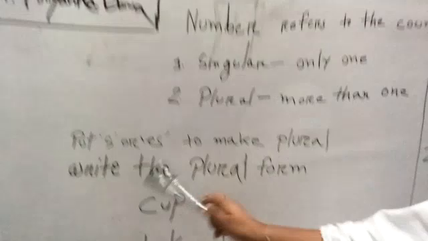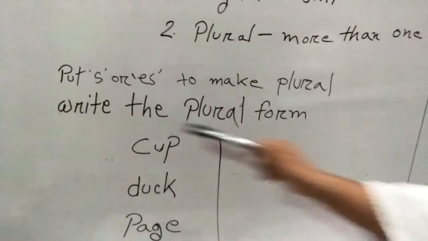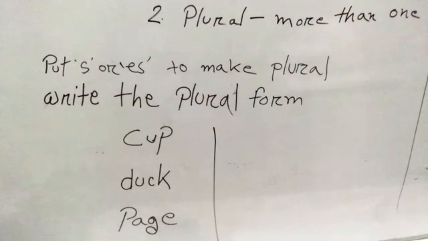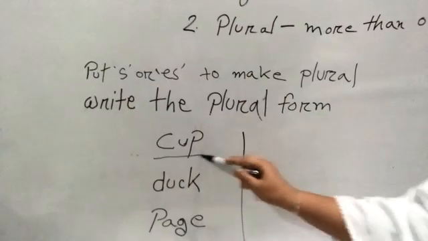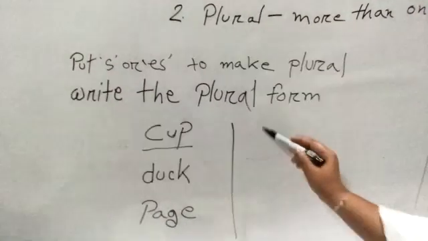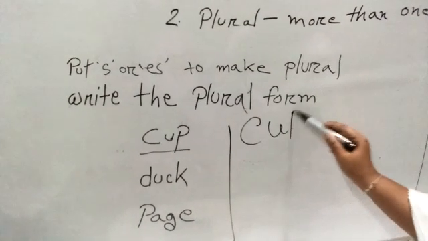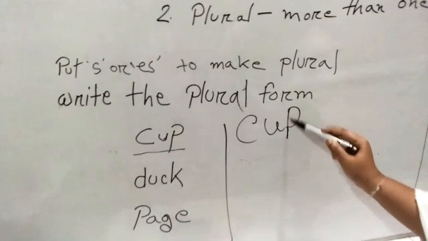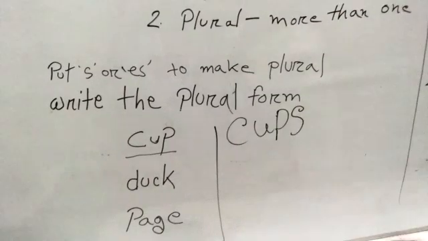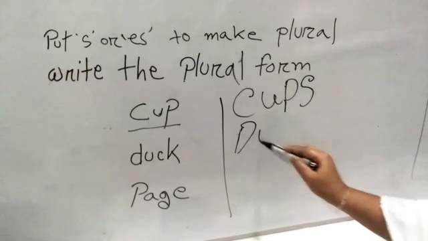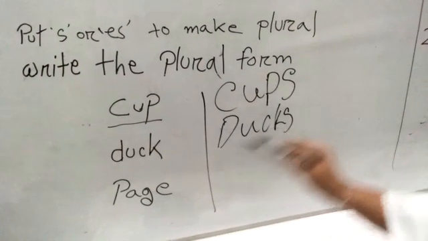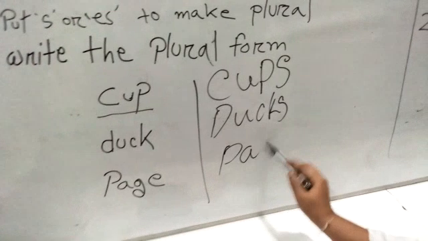If in your exam the question is like the plural form, then for example there is cup, you have to make it plural. We know the plural form of cup is cups. Duck will be ducks, and page will be pages.